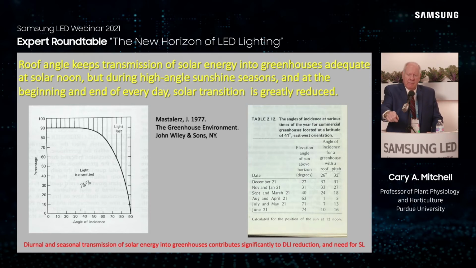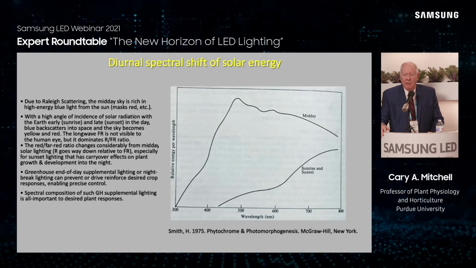And so I've written in the integral over the course of a day, of 100% of light incident on that greenhouse, only 76% of it is going in. So you've got that factor in the greenhouse business too. You have changing solar angle and roof angle. You've got latitude, and then you've got weather on top of all of that.